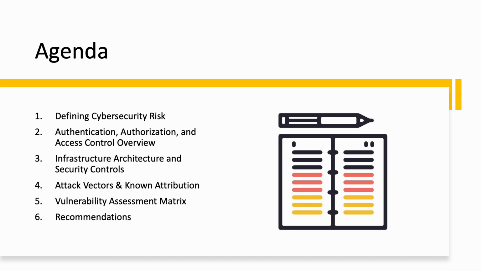The fourth thing that we're going to do is go over the attack vectors and known attribution. After that, we will also discuss the vulnerability assessment matrix and then end the presentation with recommendations to mitigate any vulnerabilities that we have in place.